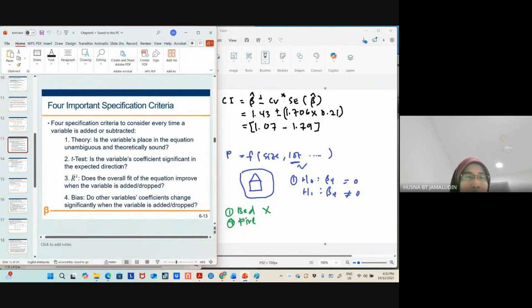I purposely opened it in advance. So you have to check whether it is supported by the theory, whether the t-test is significant or not, whether the R-bar square is high or not, and whether omitting or including it will cause bias to the remaining variables or not.